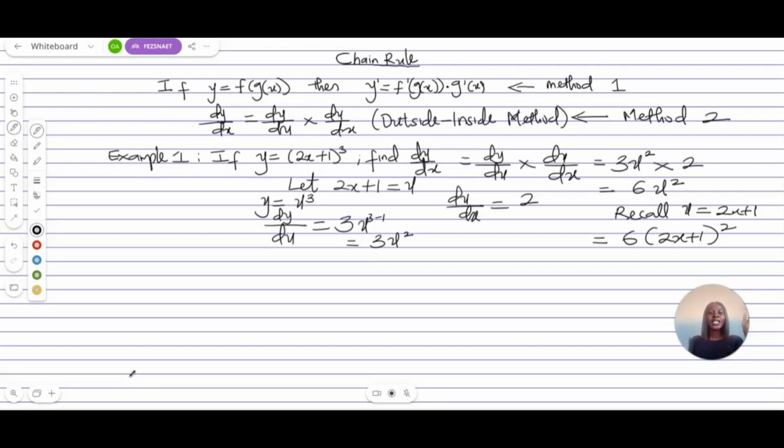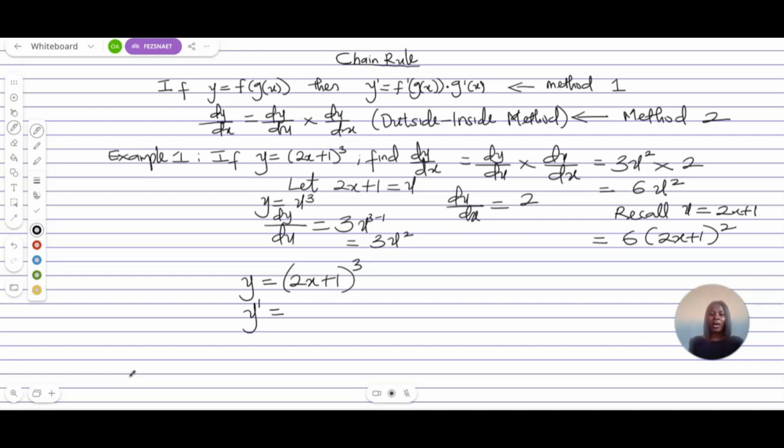Now, if I'm to use the first method, what would I do? I have that y is equal to (2x plus 1) all to the power of 3, and I'm asked to find the derivative of y. Very easy. Firstly, bring down your power, just as when we do power rule. Make sure it multiplies what you have here.